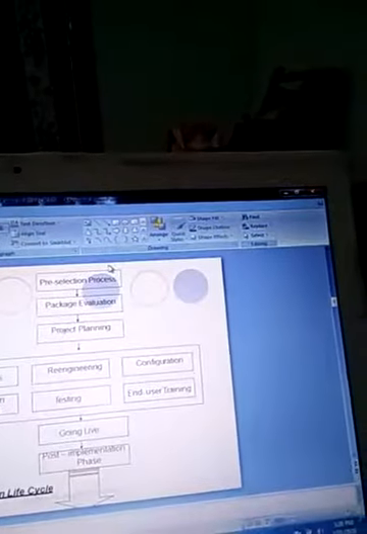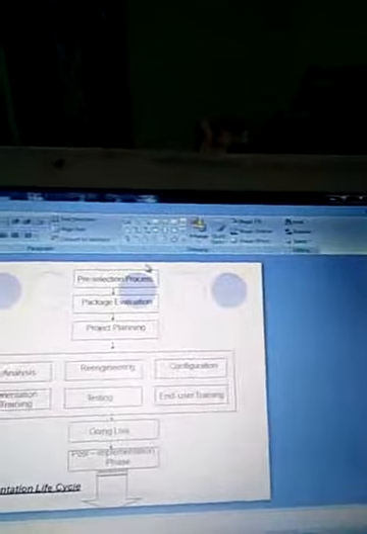Okay, so these are the different phases of ERP. The ERP implementation life cycle is shown like this. Okay, so this is a life cycle concept.